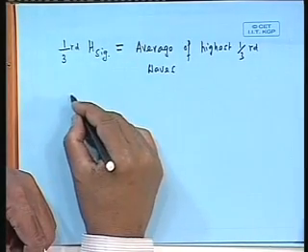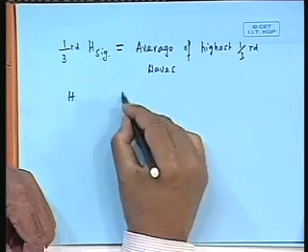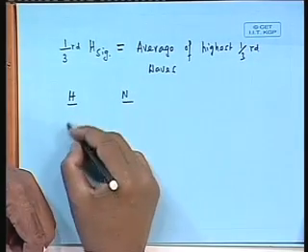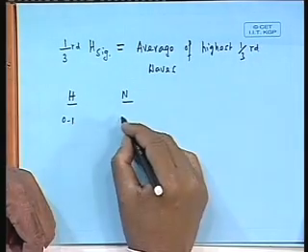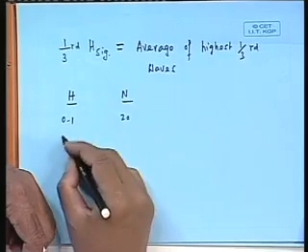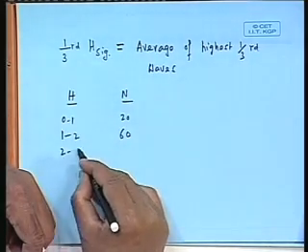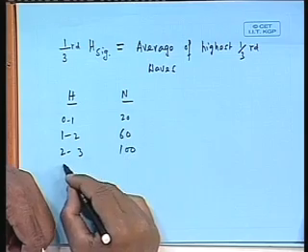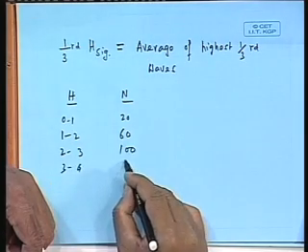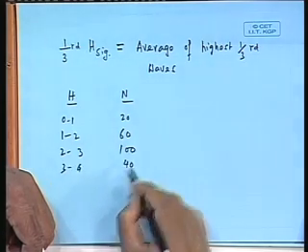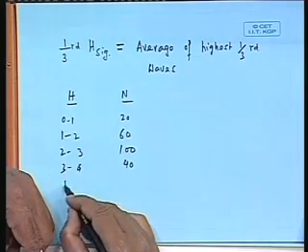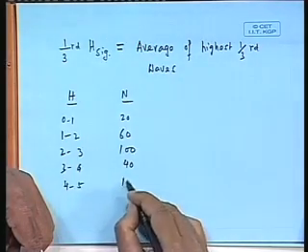Now you see, again I will go to that. There is an H here, there is an N here. So this H is 0 to 1 occurring say 20 times. This is 1 to 2 occurring say 60 times. This 2 to 3 occurring say 100 times. 3 to 4 occurring say 40 times, and 4 to 5 occurring say 10 times.